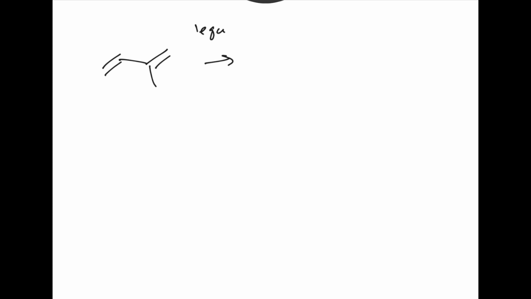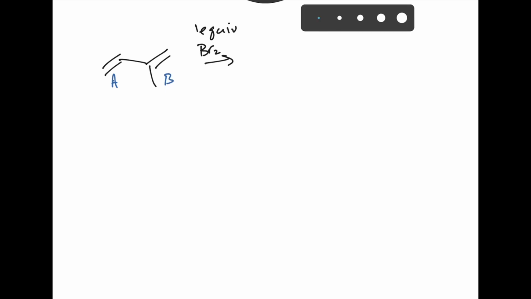So let's say we have one equivalent of Br2. Again, we've got to decide which double bond we react with first. A or B? B. Cool. And we're going to get our two products.